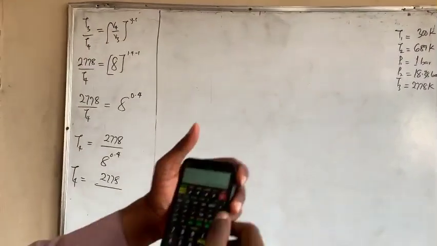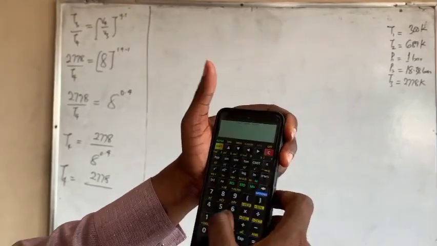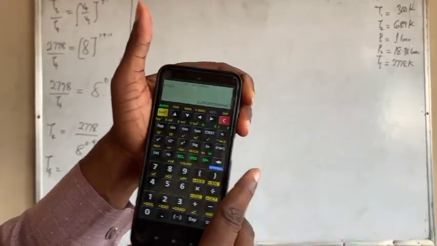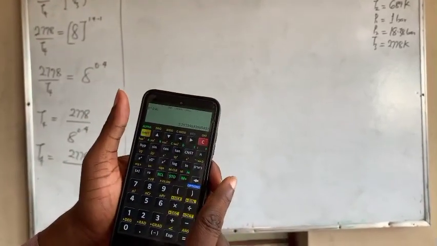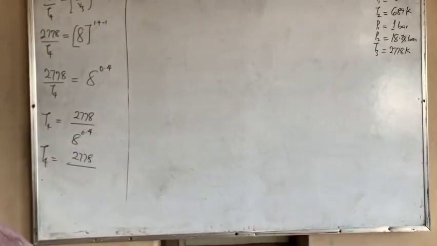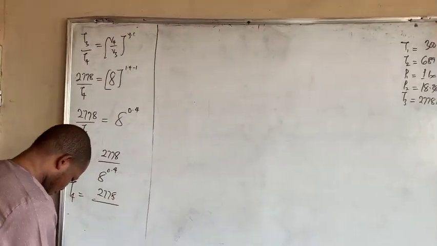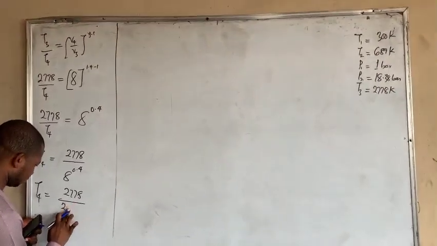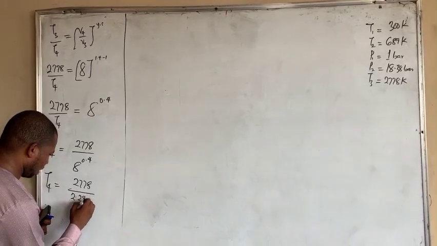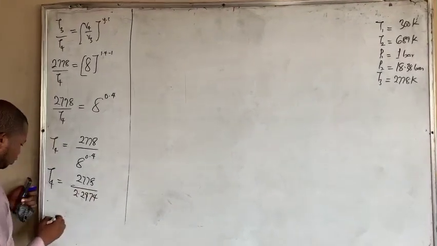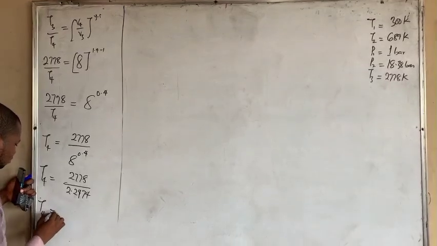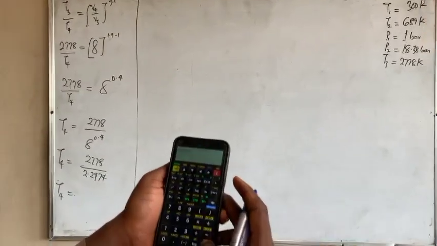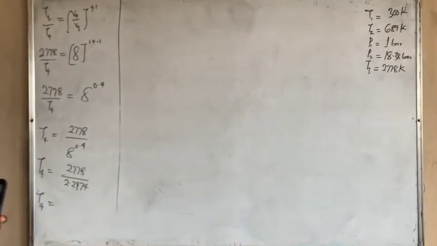I'll open up my power calculator. 8 raised to power 0.4 will give what? 2.2974, approximately. So our T4 becomes, let's divide through, 2,778 divided by 2.2974, which gives approximately 1,209 Kelvin.